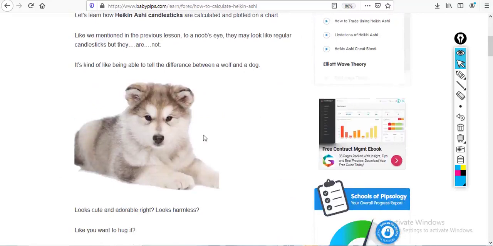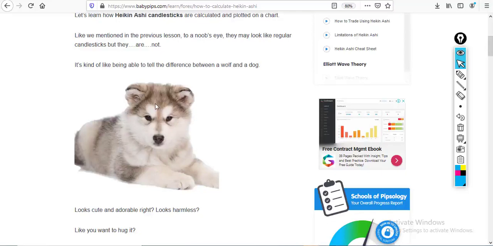Look at this dog here. You would think this is a very pretty dog, right? You can take it for every other dog, but no, this is a wolf. So before you go hug this dog, just know, even though it looks like your normal dog of every day, this one is quite different.